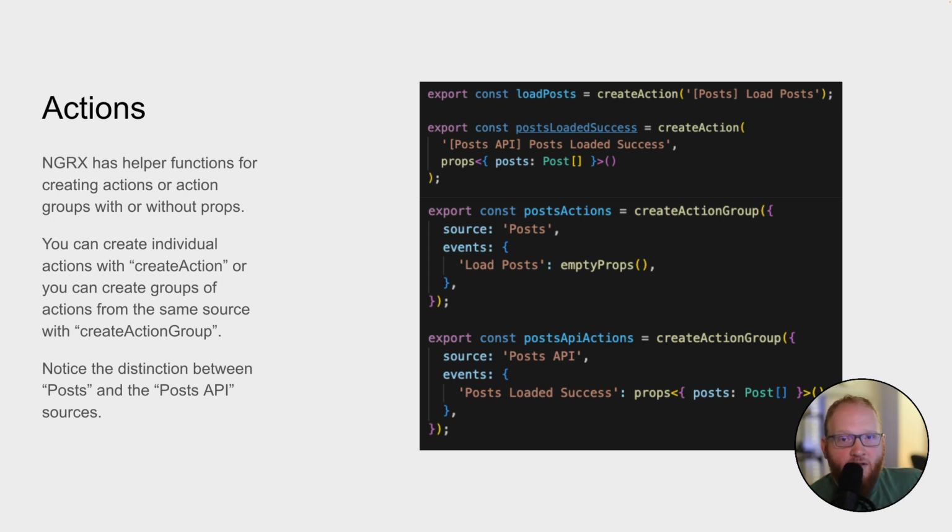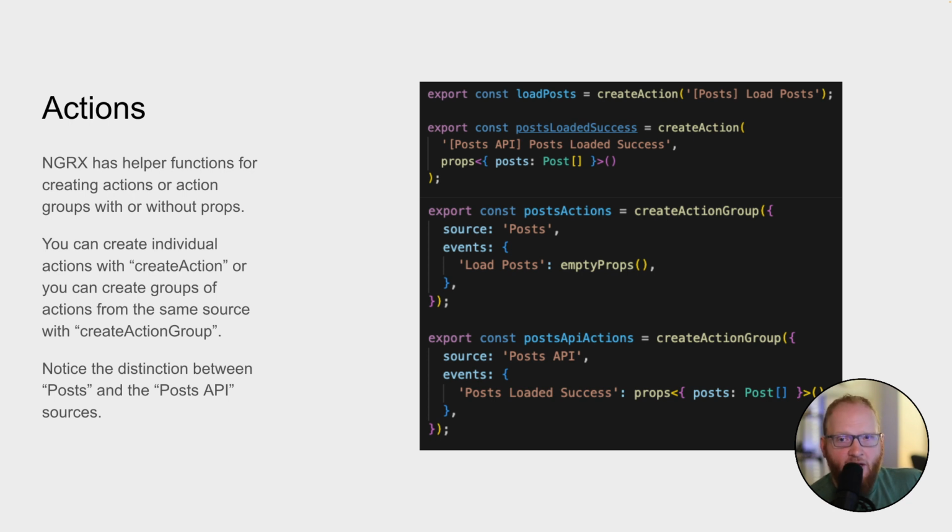For the posts, in the create action group, I've set up the source as posts for one of them, and posts API for the other. The posts API actions are kicked off from the result of an API call to the posts. And the posts source is things that will either kick off the action or the effect, or simple actions that don't call any APIs.